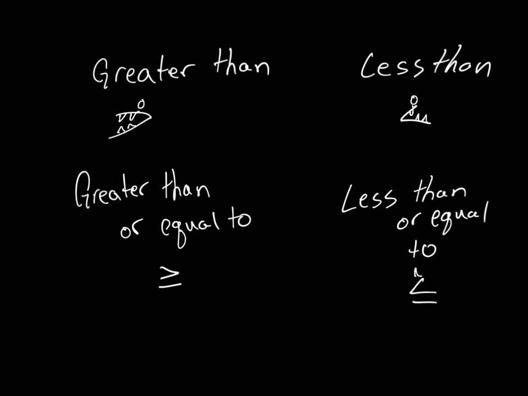Here's his teeth. I'm a horrible artist, but you get the picture. Anyway, you have greater than or equal to with the line underneath, less than, and less than or equal to with the line underneath.